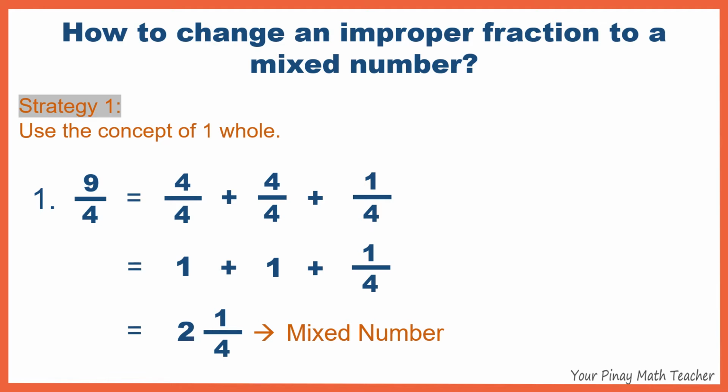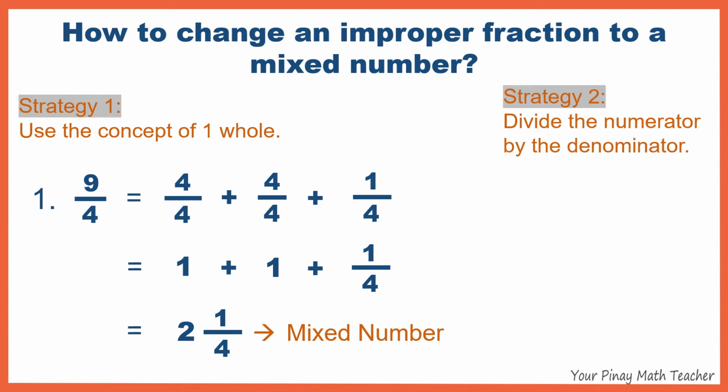This strategy is quite longer, but strategy 2 is shorter. You simply divide the numerator 9 by the denominator 4. 9 divided by 4, or how many 4s are there in 9? We have 2 4s, which gives us 8.